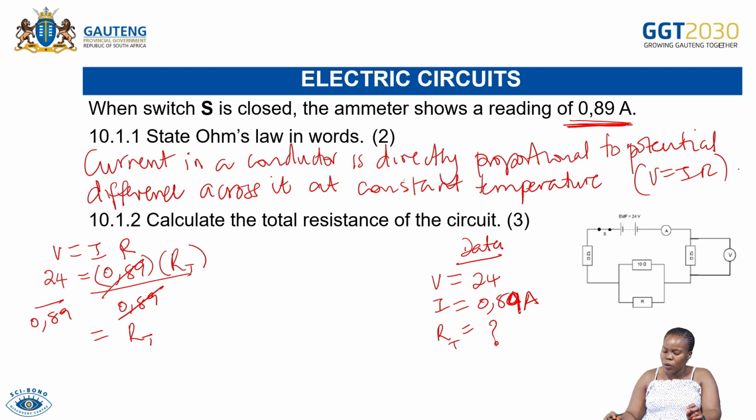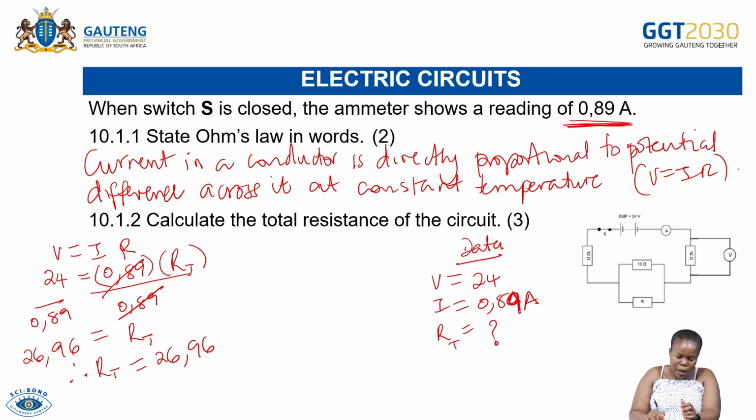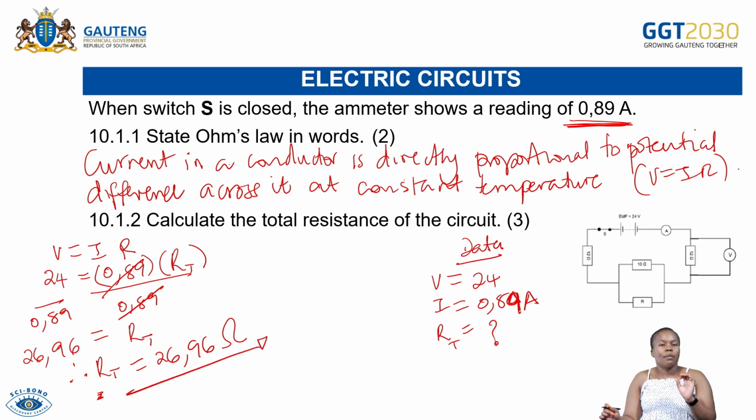So we say 24 divided by 0.89, and that gives us 26.96. Never leave it like that. Therefore RT equals 26.96, and because it is a total resistance, it has to be in ohms. Simple as that.